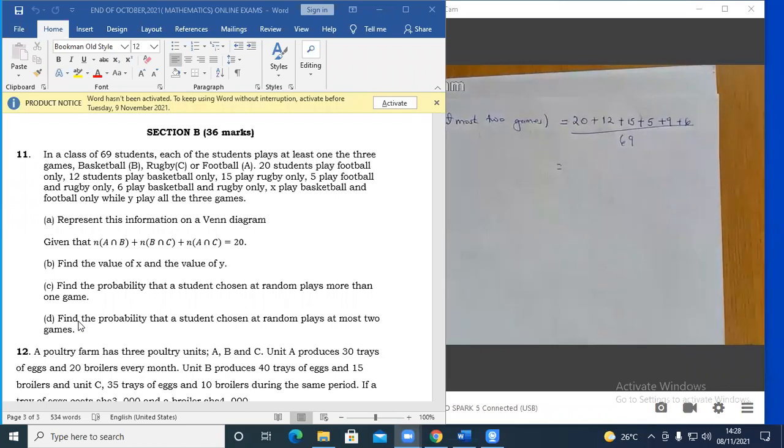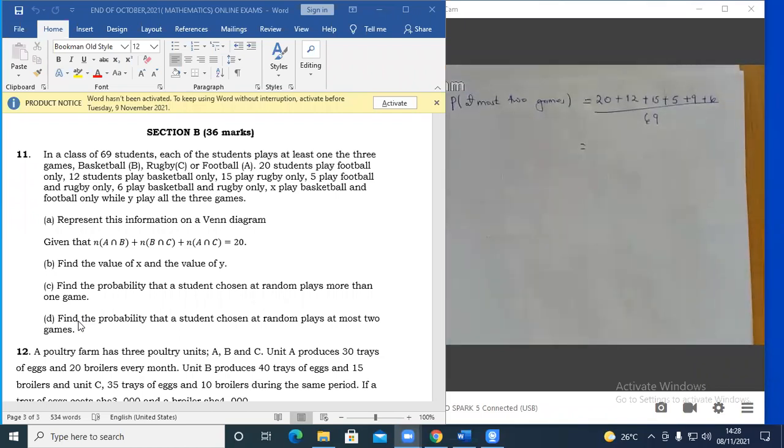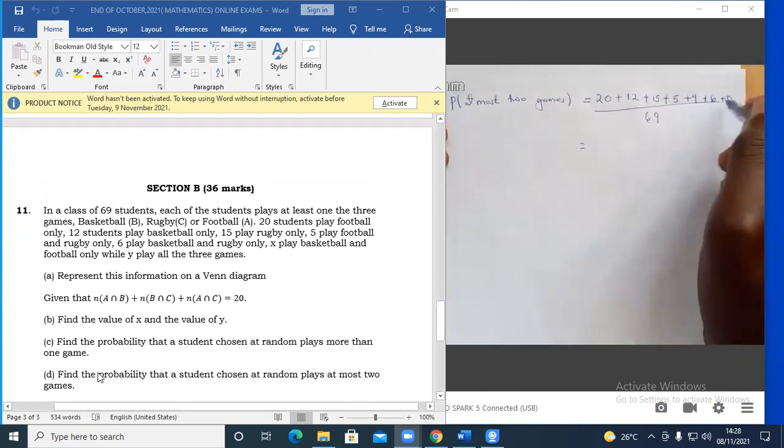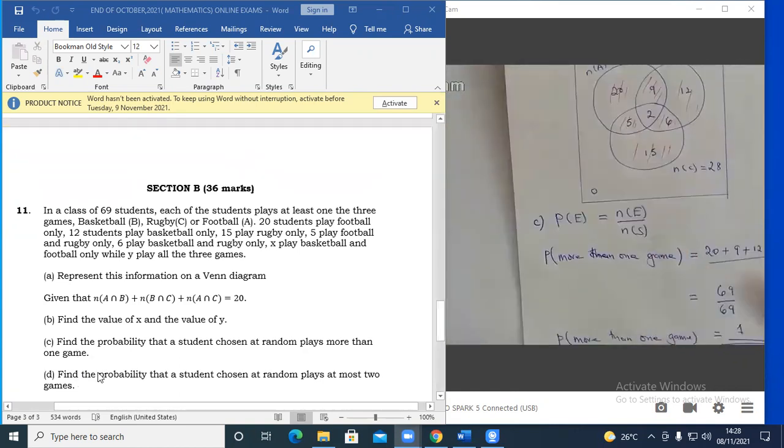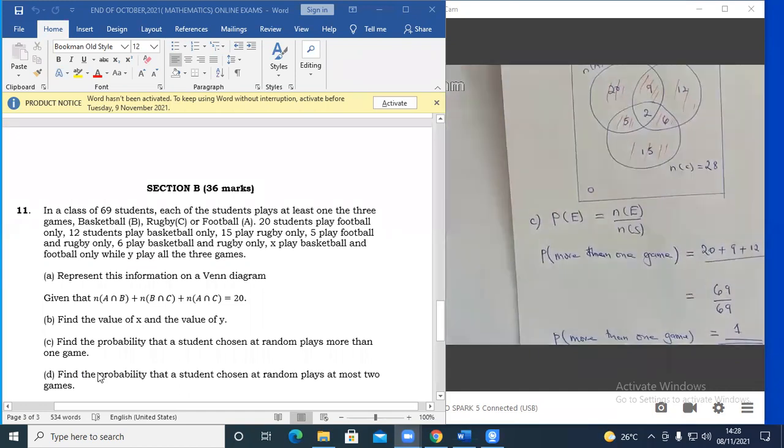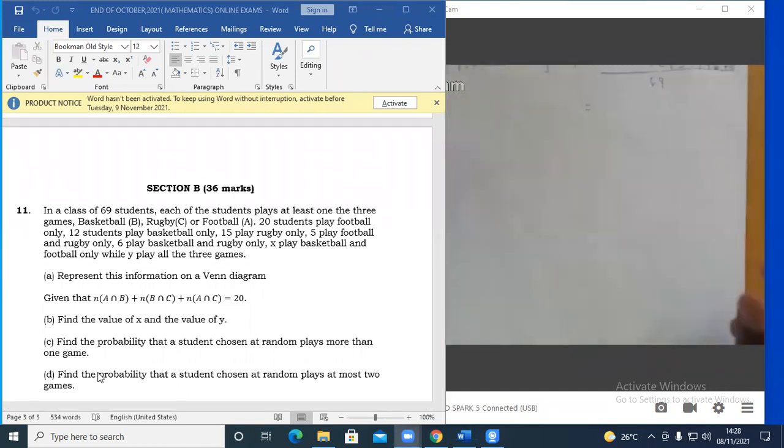Even you can say plus 0, but it will not change anything. So when you add that, what do you get?